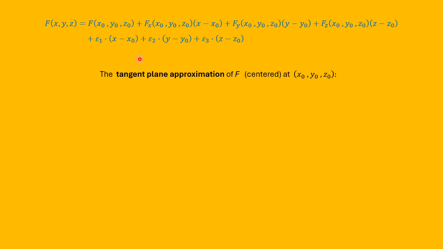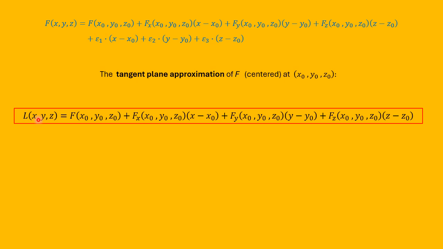So we can talk about the tangent plane approximation of f centered at x0, y0, z0 by just eliminating these little epsilon terms here. So we'll define L of xyz to be just what we have up here without these small corrections. So L of xyz is equal to f of x0, y0, z0 plus a partial of f with respect to x at x0, y0, z0 times x minus x0, a similar term involving the partial derivative of f with respect to y, and a similar term involving the partial derivative of f with respect to z.